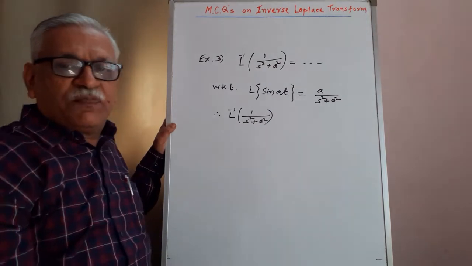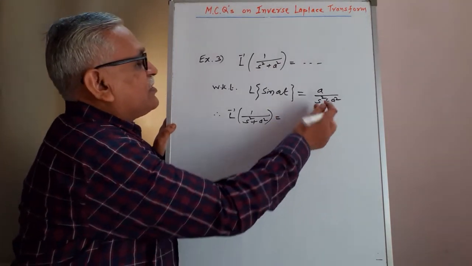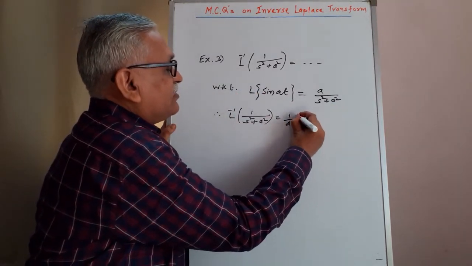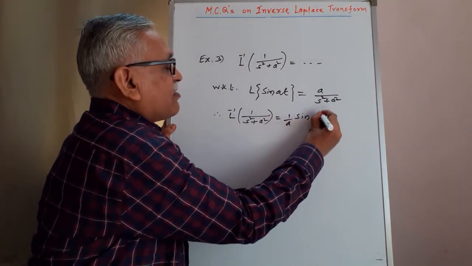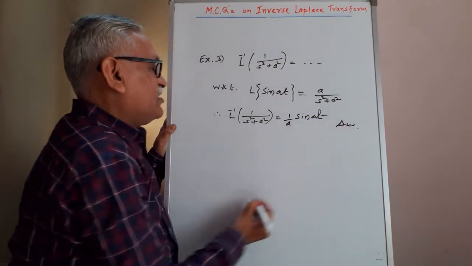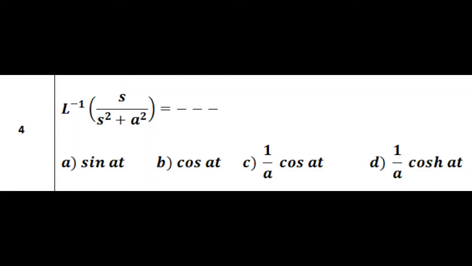That constant we keep on that side only, and therefore transferring that a to this side, we get 1 by a sine of at as the required answer, and option C is the correct option.